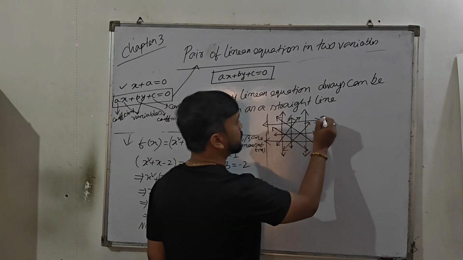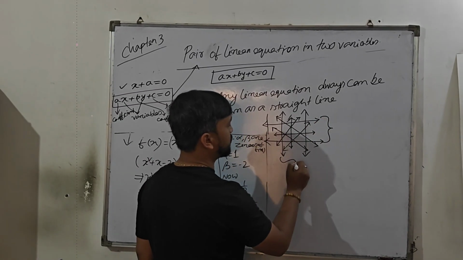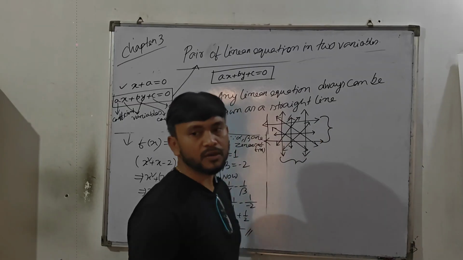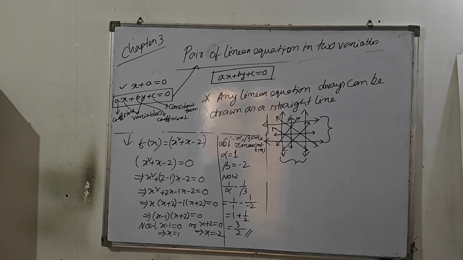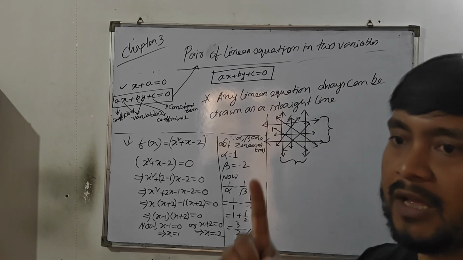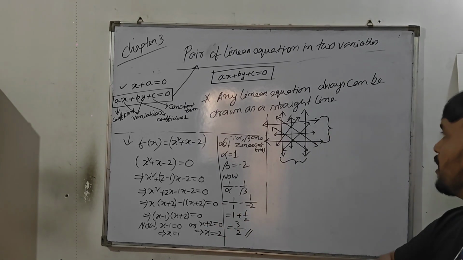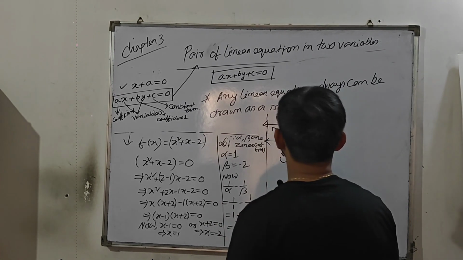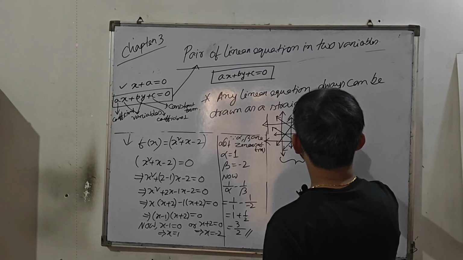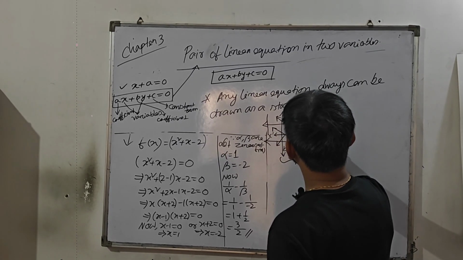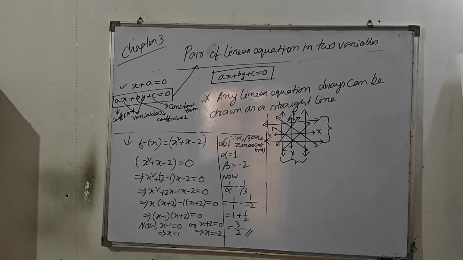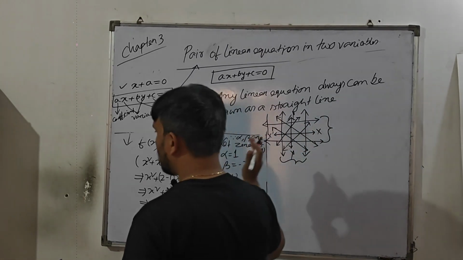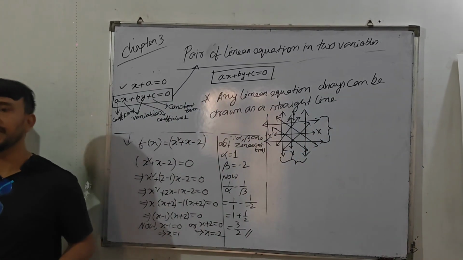But for these two and for these two, these are also straight lines. But in these four cases, the number of variables present in the equation will be only one. If the straight line is parallel to the x-axis, then which variable will be missing? y. And if it is parallel to the y-axis, then the x variable is missing.